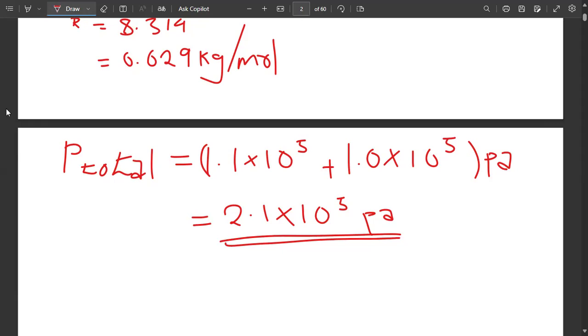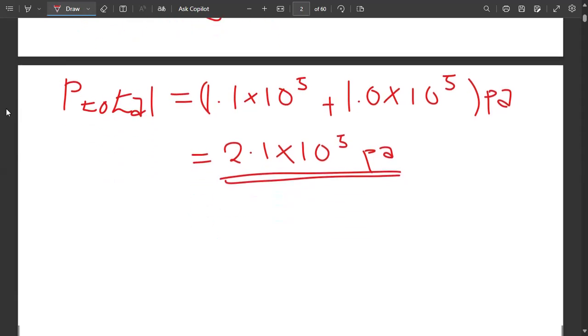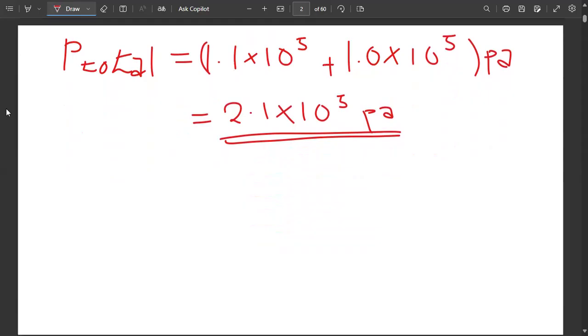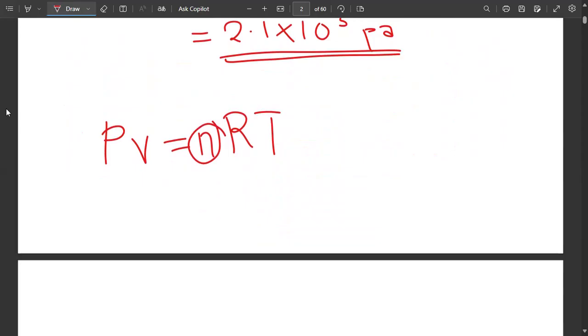Okay, so now that we've found the pressure that we are supposed to use, let's bring in the ideal gas equation, PV is equal to nRT. We want to find the number of moles. That's what question A was asking about. So we divide both sides by RT.